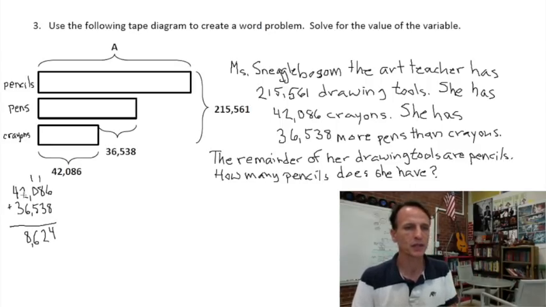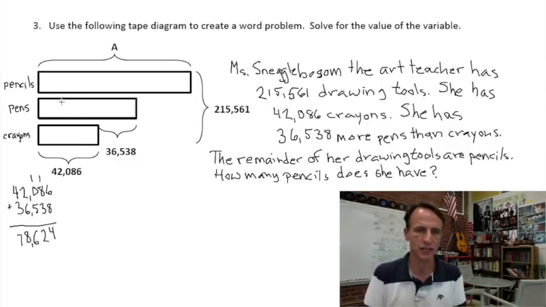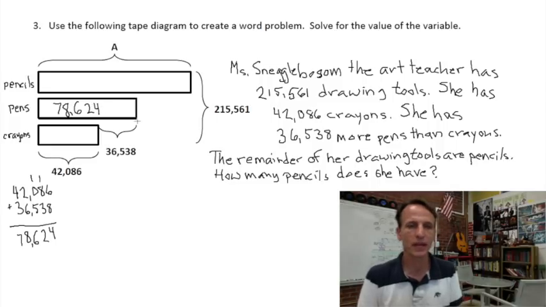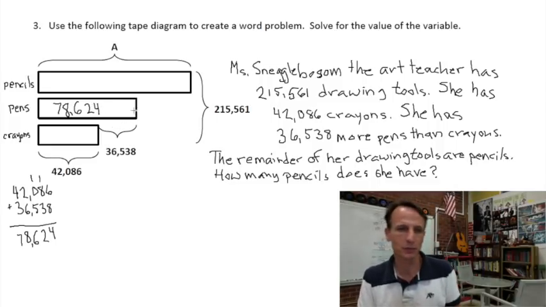Drop that comma while we're here. 4 and 3 make 7. Okay, so we have, and I'm going to write it inside pens here so I don't forget what that number represents, it's 78,624 pens. Okay, remember what we're trying to solve for is the number of pencils, this letter A up there.